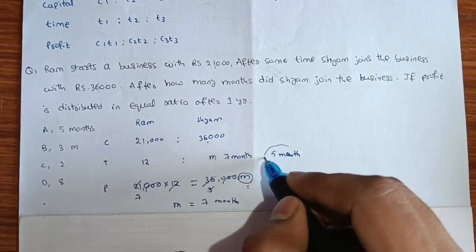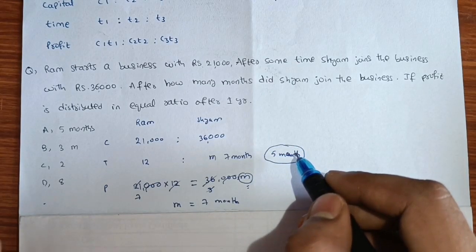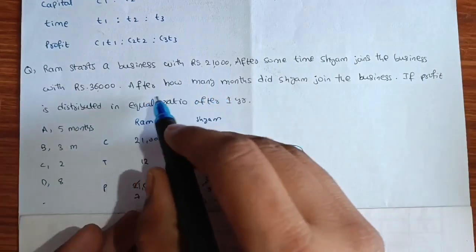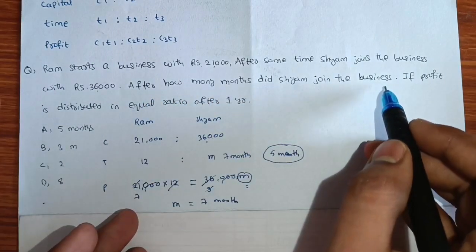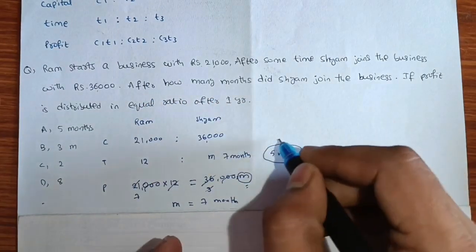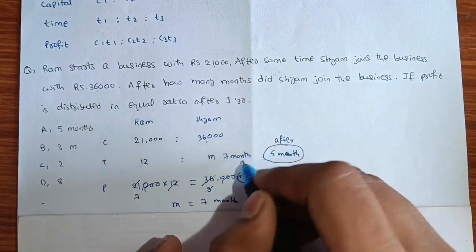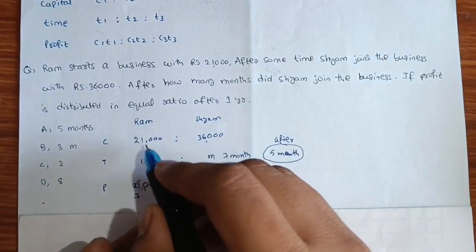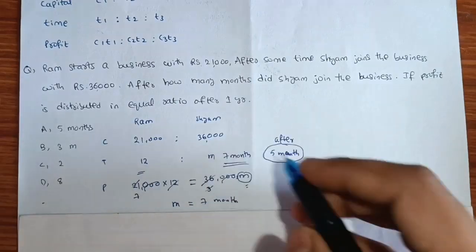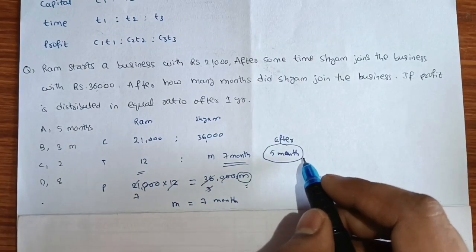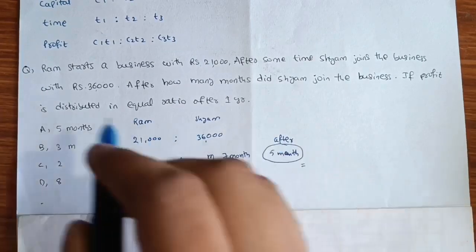So after 5 months Sham joined the business and continued for 7 months, and Ram continued for 12 months. Our answer is 5 months, which is in the options.